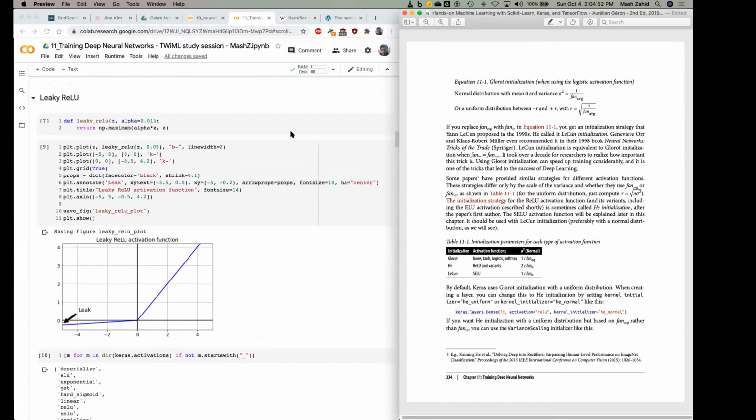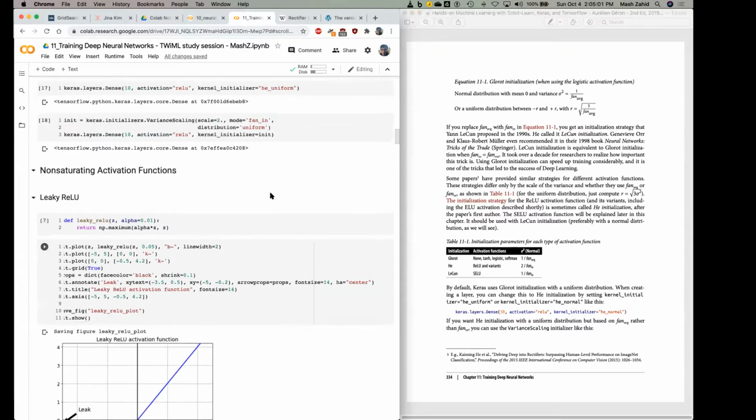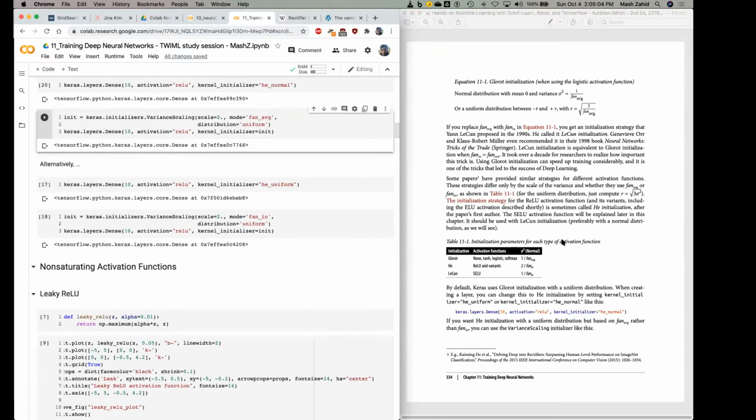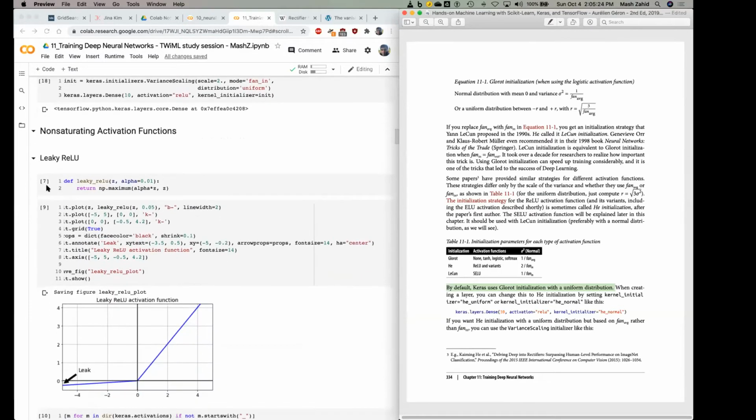Keras kind of starts everything in, I believe, He initialization. No, sorry, it's Glorot initialization. And that's fine, but a lot of times we use residual networks, and we have been initializing them frequently when we train from scratch with the Glorot initialization.